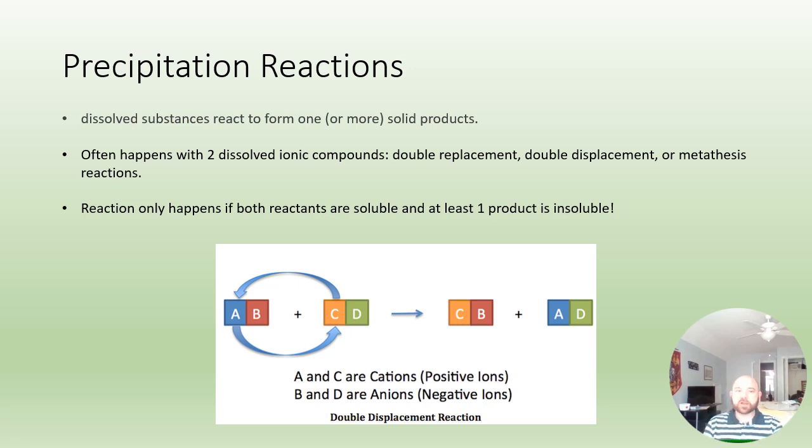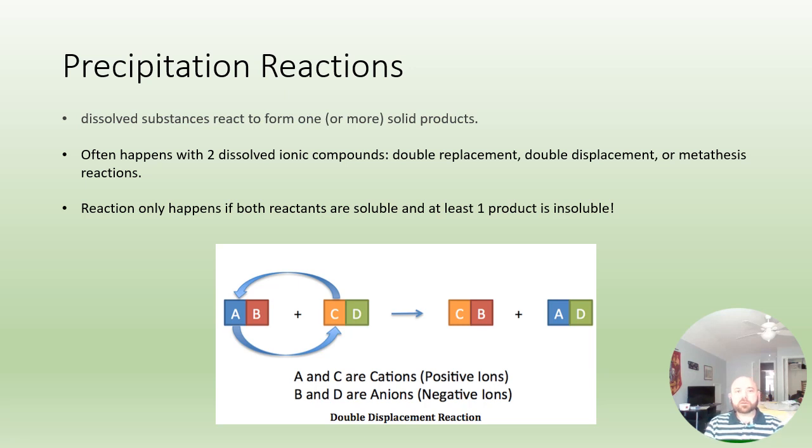AB represents an ionic compound with cation A and anion B, so you could think of something like sodium chloride. Sodium would be A and chlorine would be B. And then compound CD is another ionic compound, something totally different, maybe magnesium sulfate. Mg would be C, the positive metal, and the negative sulfate ion would be D.